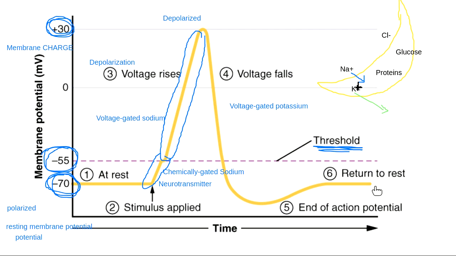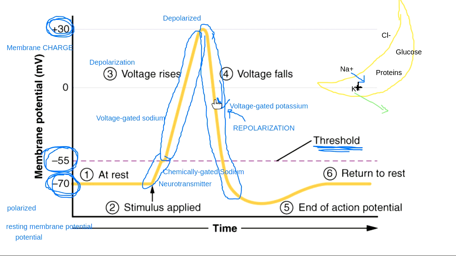But this side of my graph over here, we're doing the process of repolarization, where I'm making my membrane charge go back down negative. So repolarization is the other half of the graph here, when I bring that charge back down. And I repolarize the membrane by spitting out potassium. That's the positive charge that I can spit back out.